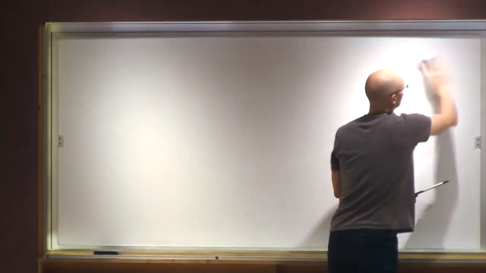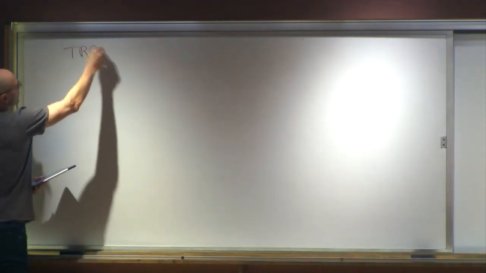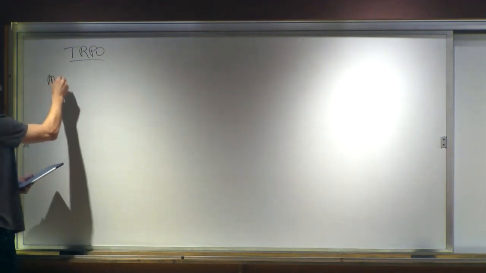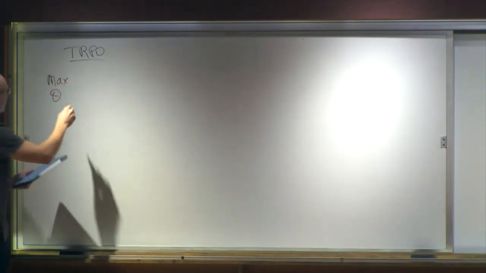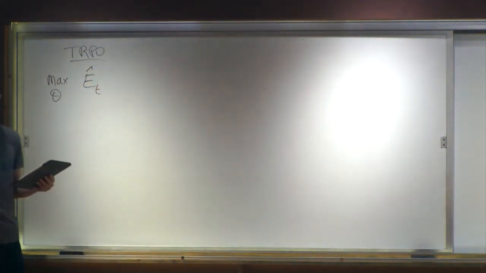I'm going to write out the TRPO objective again, and then from there we're going to go to version 1 of the PPO objective, and from there we'll go to version 2 of the PPO objective. So need a lot of space here. Let's see. TRPO. What does it do? Well, we max over theta our empirical expected value in our algorithm, and ideally we'd have the exact expected value, of course, but in practice we have rollouts.